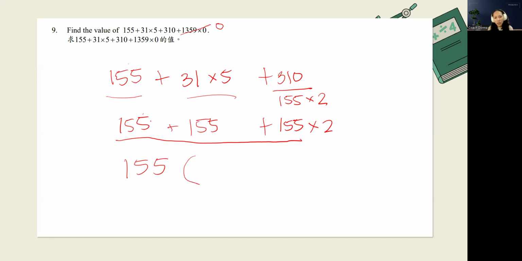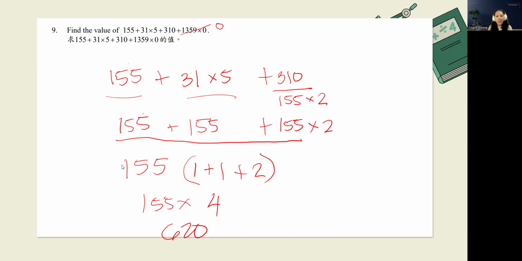This is only 155, so that's 1 right there. Plus, this is only 155 again, that's another 1 right there. 155 times 2. When we take out the 155, we're left with 2. So do the one inside the parentheses first. 1 plus 1 is 2, plus 2 is 4. So you could have 4 times 155, that's 620. 620 is our answer.